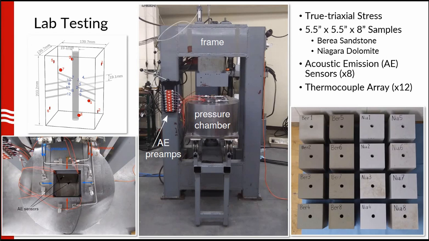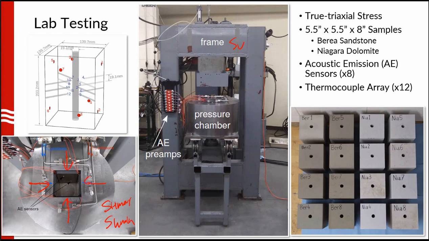So what this does is that by putting this rock in this pressure chamber, the pressure chamber can apply stress from 2 directions. And that represents the SHmax and the SHmin. And then once you put this pressure chamber into the frame, we load in the 3rd direction, which gives us the SV.